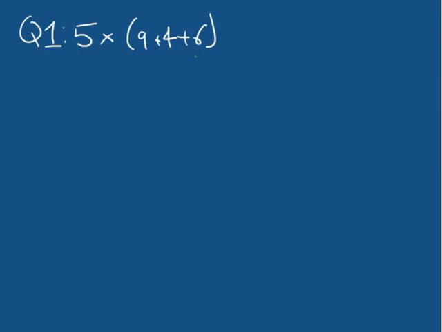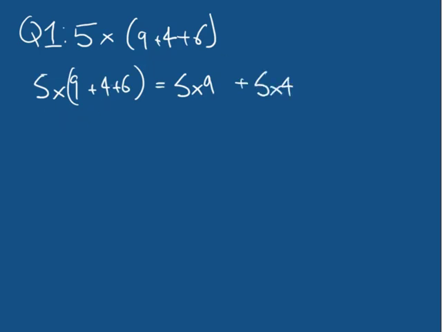When you unpause, I'm going to go through the answer to this question. Okay, welcome back. There's nothing really complicated here. It's a very simple expansion of an addition of 3 numbers. To expand this, we say that 5 times (9 plus 4 plus 6) is equal to 5 times 9, plus 5 times 4, plus 5 times 6.